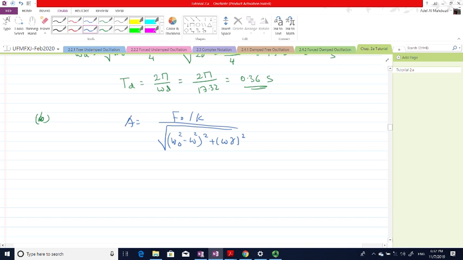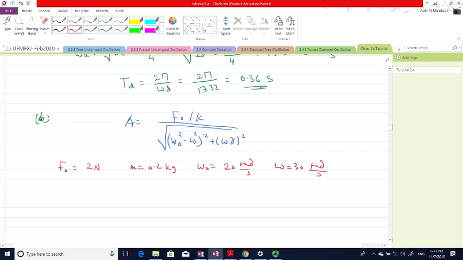You just put that in. Let's put in the inputs: F naught is 2 Newton, the mass is 0.2 kilograms, omega naught we determined as 20 radians per second, and omega is given, which is 30 radians per second.